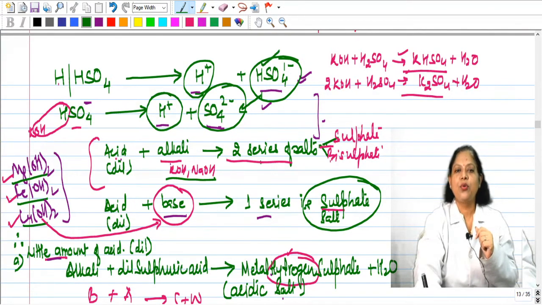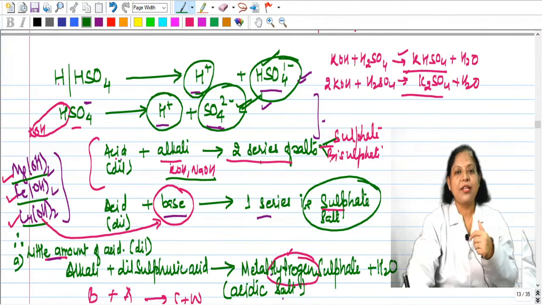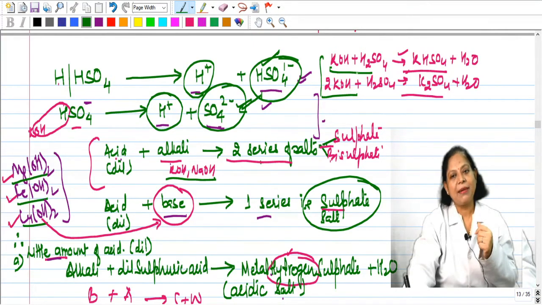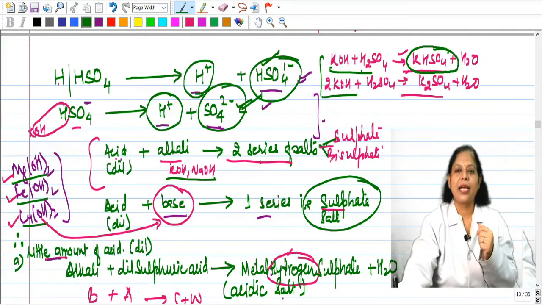So you get two negative anions, sulfate and hydrogen sulfate, hence you get two series of salts. And this you will get with the alkali. For example, one molecule of potassium hydroxide with one molecule of sulfuric acid will form potassium hydrogen sulfate, and when you take two molecules of potassium hydroxide, you will get potassium sulfate.